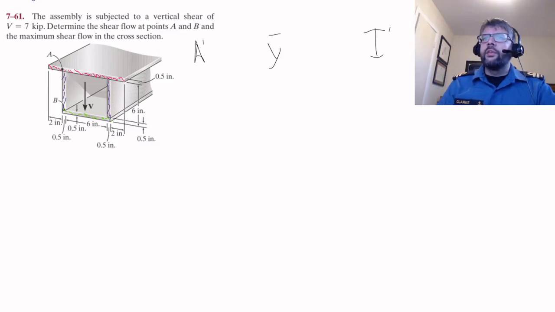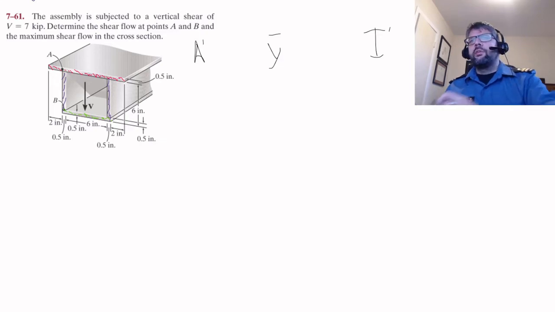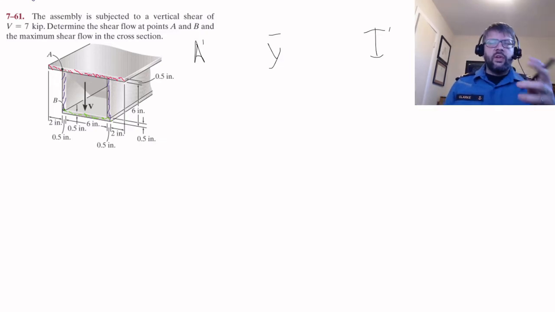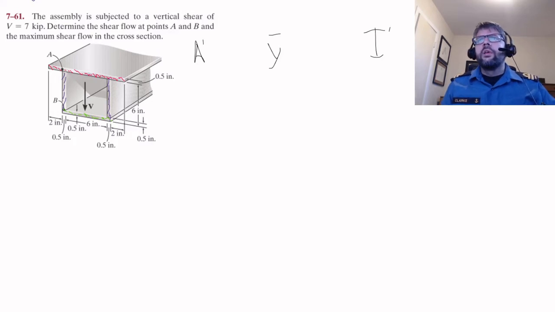So 2 inches plus 0.5 plus 6 plus 0.5 plus 2. 11 inches total. That there to there is 11 inches. So our area, 11 times 0.5, 5.5 inches squared.